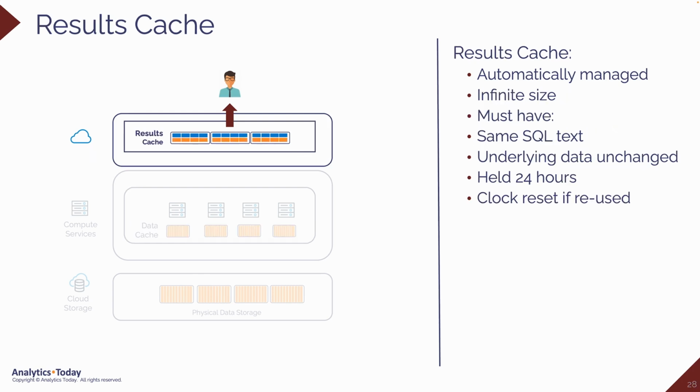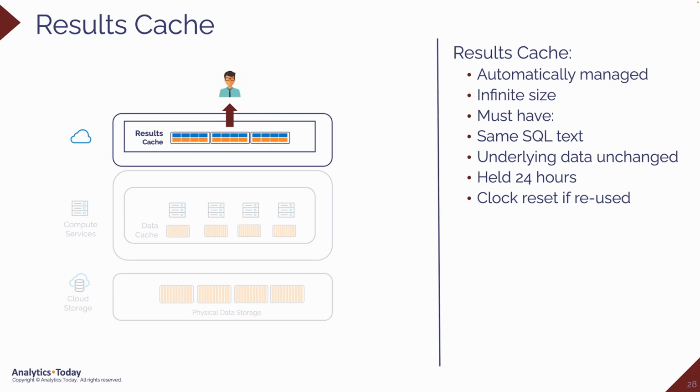The results cache is automatically managed. It's effectively infinite in size. It's going to scale out and will only be used if you execute exactly the same SQL text. If you change the text at all, it's going to be executed on a virtual warehouse. And of course, the underlying data must be unchanged.